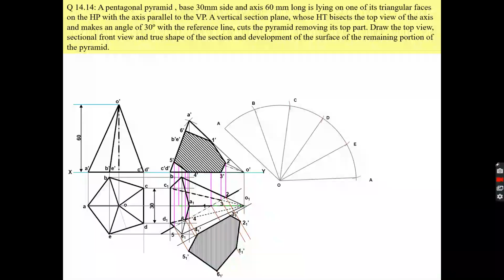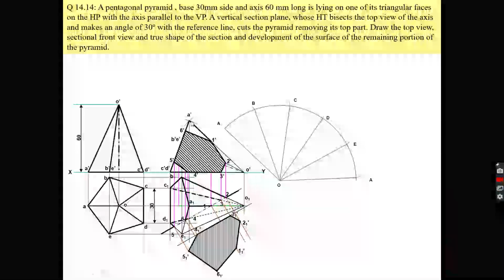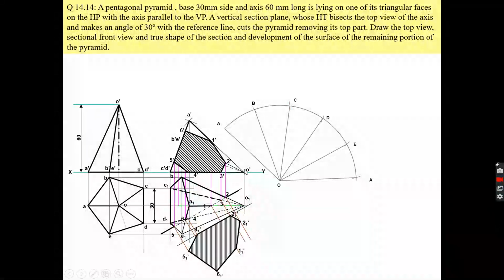So this is your point 1 on the OA. Okay, so your slant edge OA is your true slant edge. So you can directly measure the distance of point 1 from the O dash, and you can mark it here.